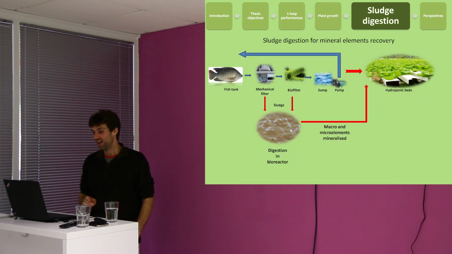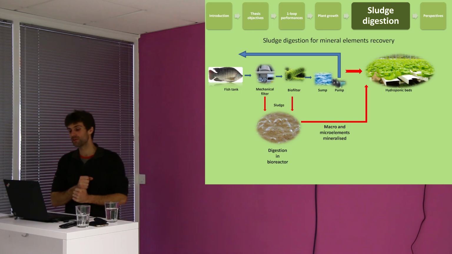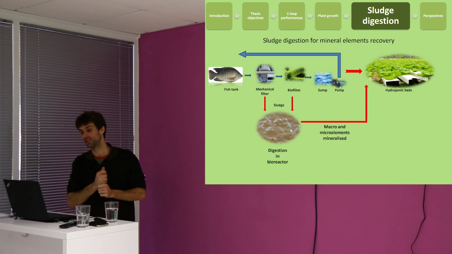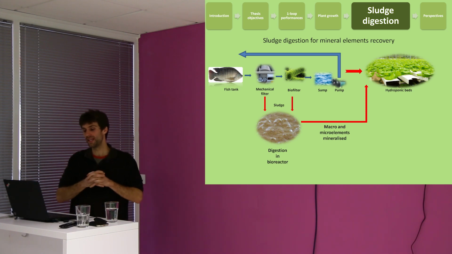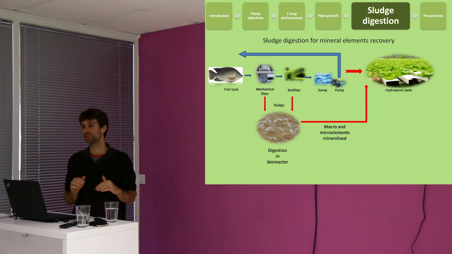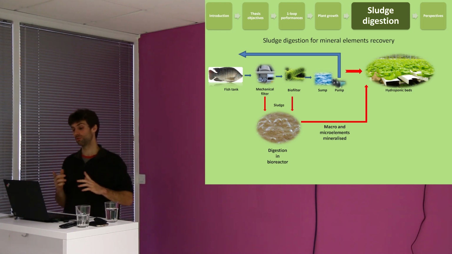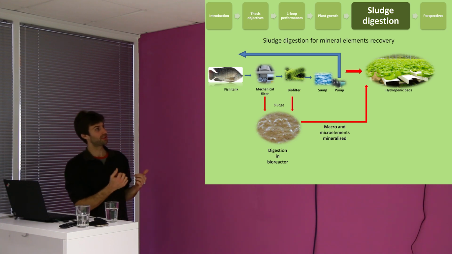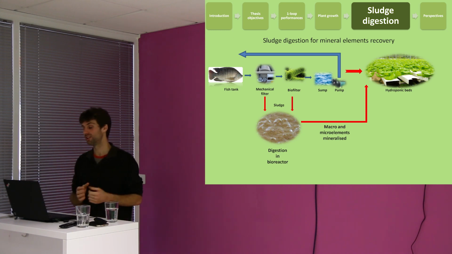So what we found is that for energy and water, that was not that amazing. We had a quite low nutrient level in the solution, but we actually had a growth similar to hydroponics. But we know we have another issue: the sludge is going out of the system, but it's full of nutrients.